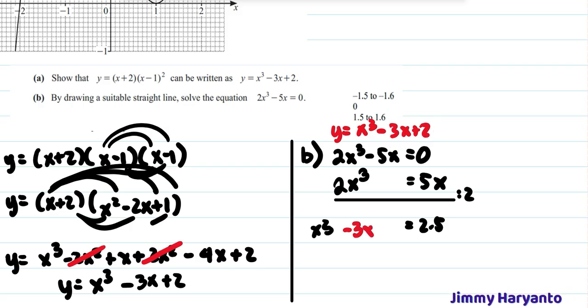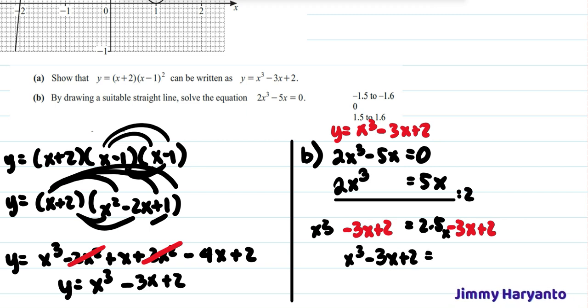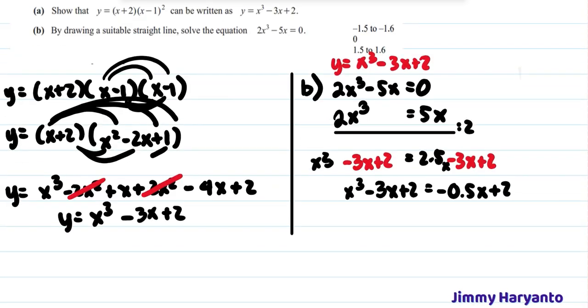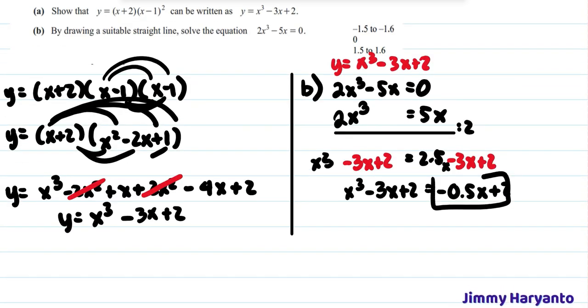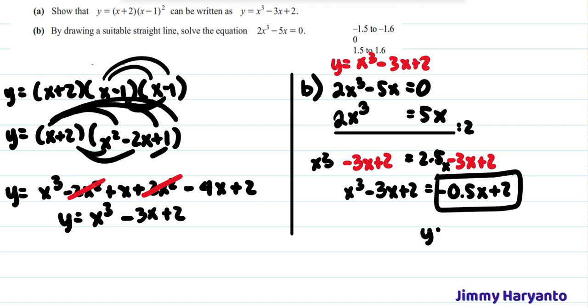So you add negative 3x plus 2 like that, and on the other side you also add negative 3x plus 2. Negative 3x plus 2 equals, sorry, this one has x, so negative 0.5x plus 2. That means the line that you have to draw is y equals negative 0.5x plus 2.